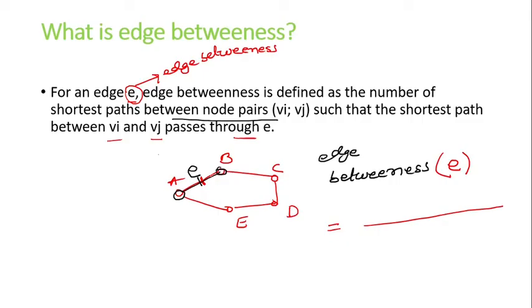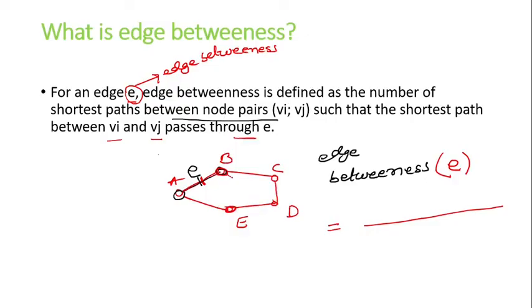Okay, that is the first thing. What I try to say is, let's say I'm going to take the shortest path between B and E. If you see, B and E shortest path is 1, 2.